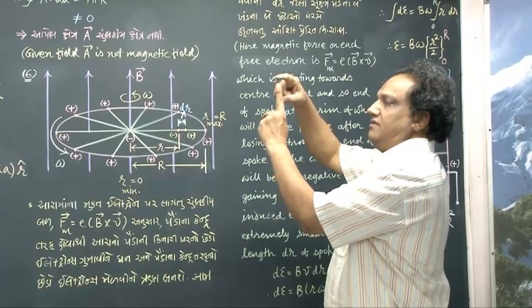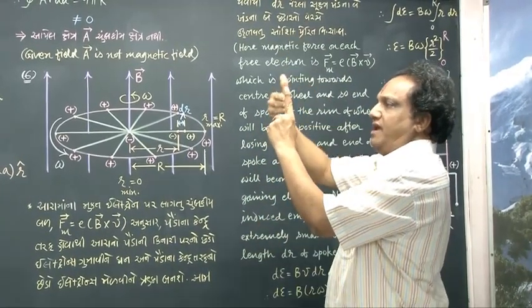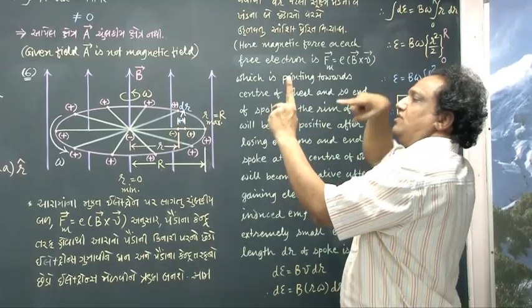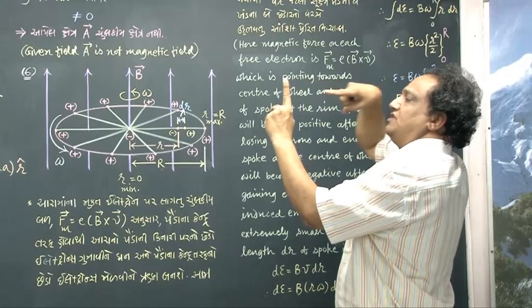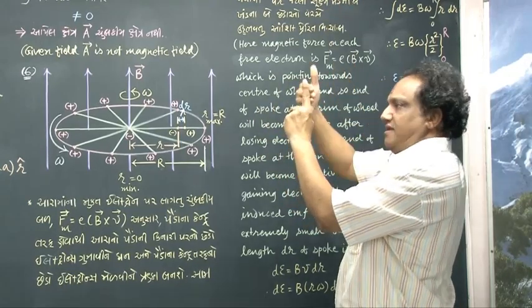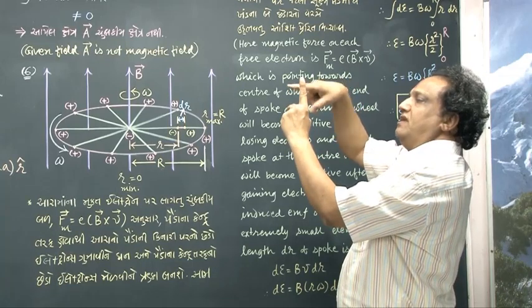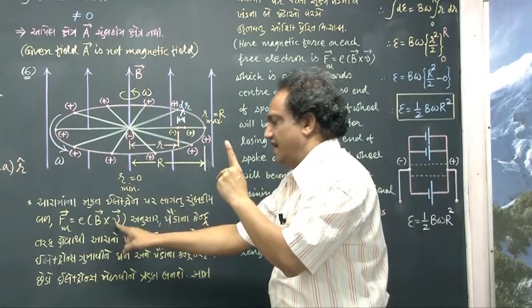This is vector B, this is vector V. Think of a plane passing through vector B and vector V. And now think of one right-handed screw which is perpendicular to this plane. Now for this right-handed screw, I am supposed to rotate it in a manner that the first vector rotates towards the second vector.